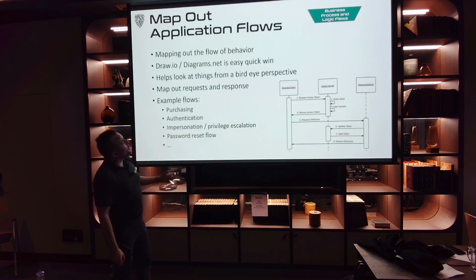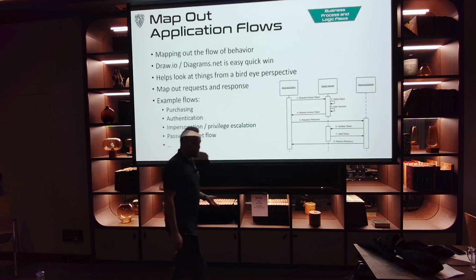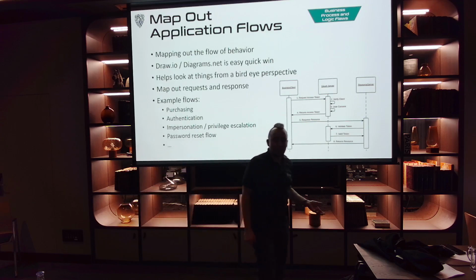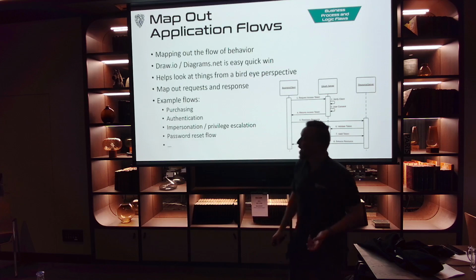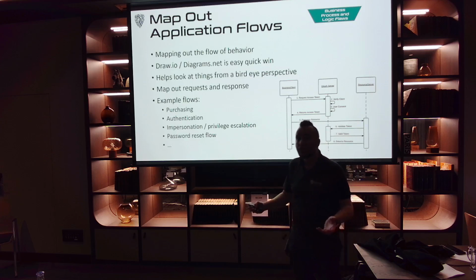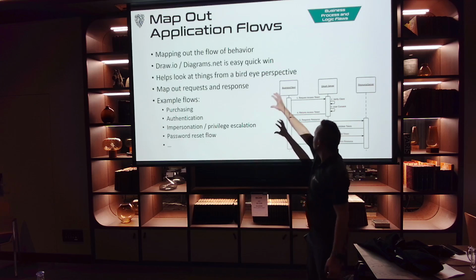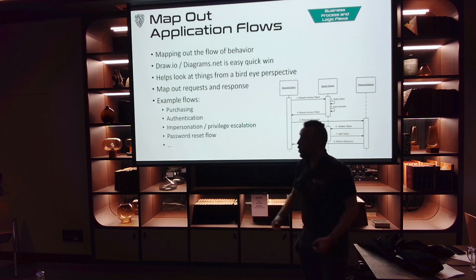So there are also some good ideas on making flowcharts, essentially. Draw.io or diagrams.net are free applications that allow you to draw out flowcharts like these, for example. Mapping out the flow of, say, authentication or behavior or process of the application is extremely useful for you to get a better grasp on how to attack this application.